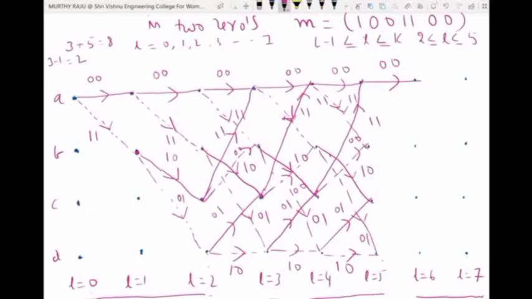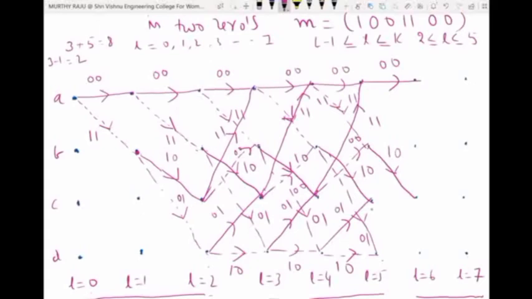Here you are in state B, input bit is 0, which means it goes to the steady state, with output 1 0.